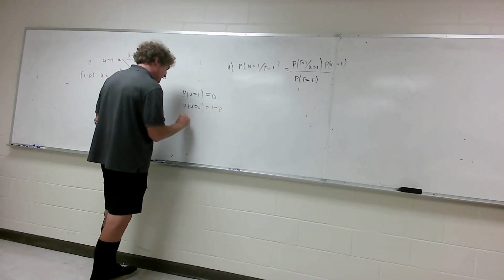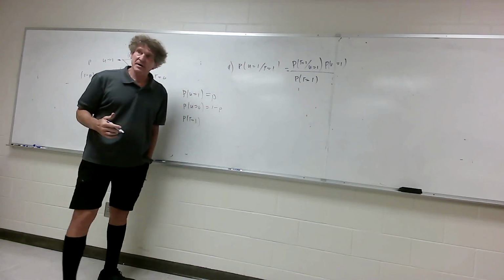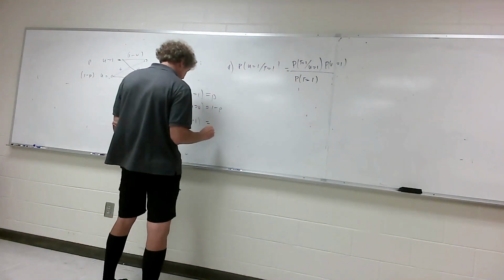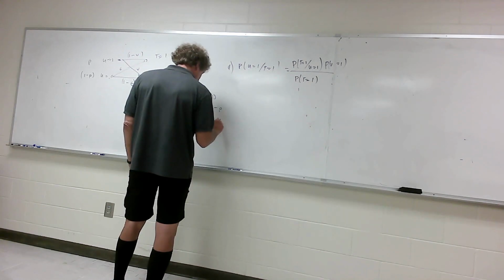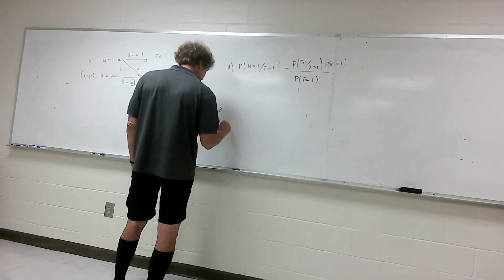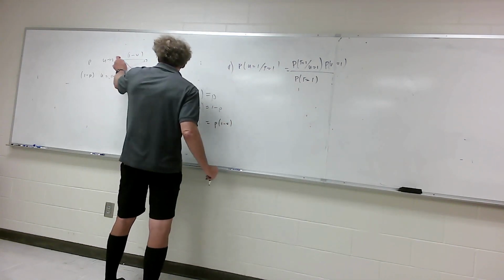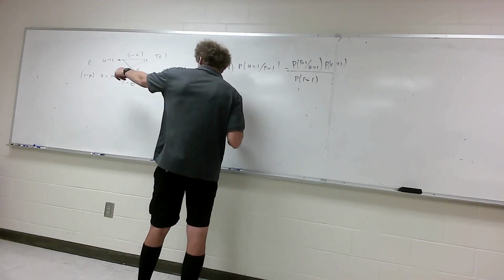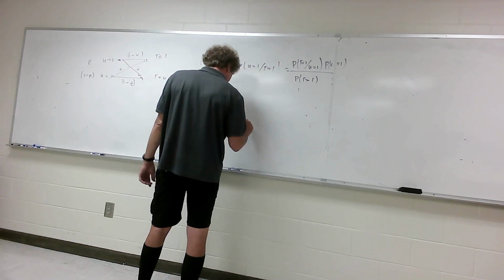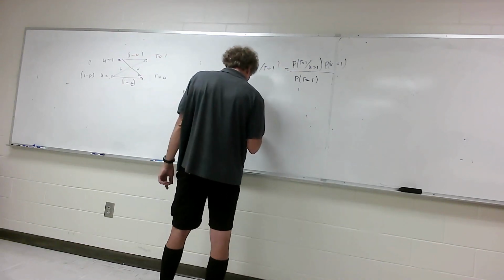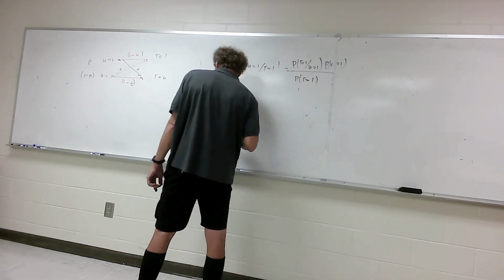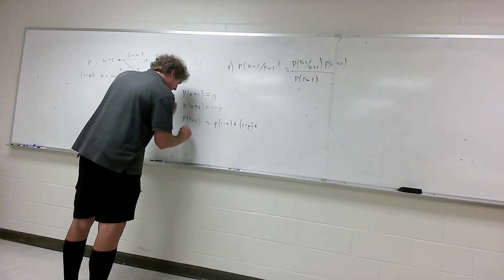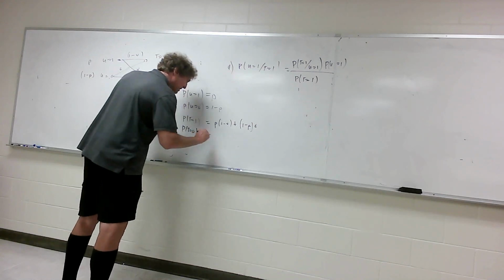The probability of t equals 1, well, I'm going to make a comment. The probability of t equals 1 is what? Well, it's p times 1 minus v, the probability of this occurring times this weight, plus the probability of that occurring, which is 1 minus p times the cross. That's really the false test. That's the probability of t equals 1. And what is the probability of t equals 0, guys?